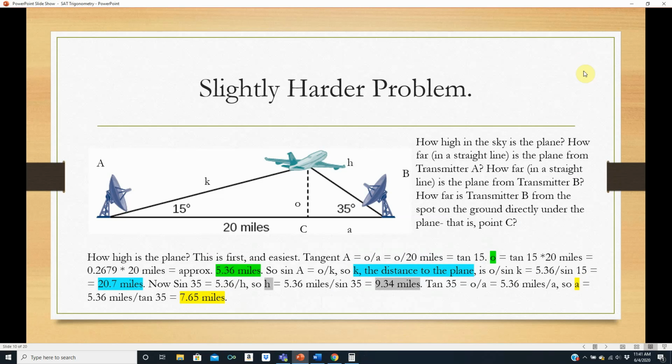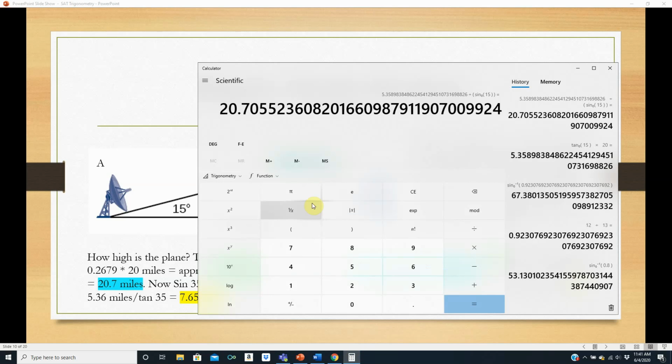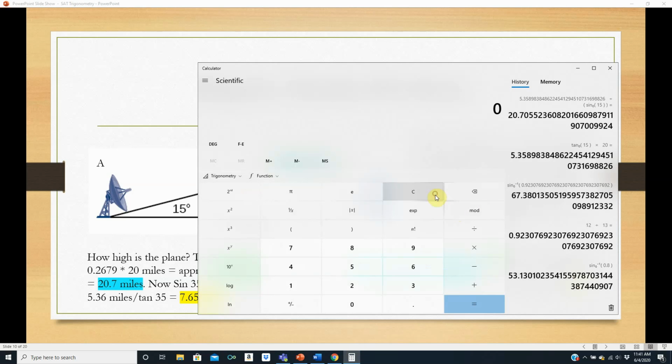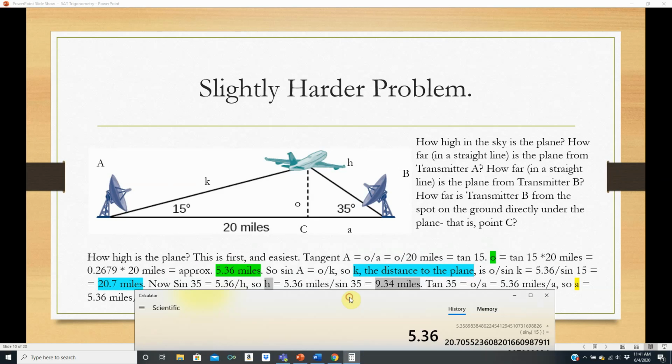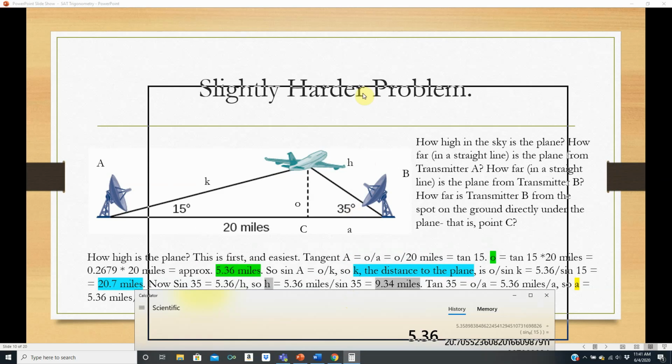All right, now sine of 35 is equal to 5.36 over h. So h is 5.36 miles divided by sine of 35, which is 9.34. Let's check that. All right, got to clear this out. 5.36, and that's going to be over sine of 35.